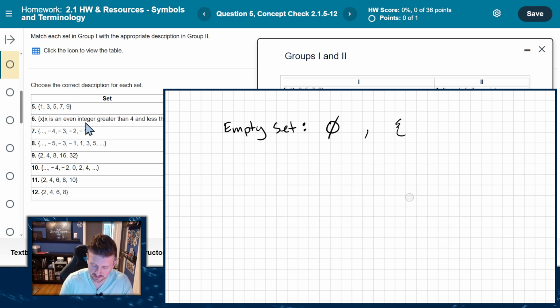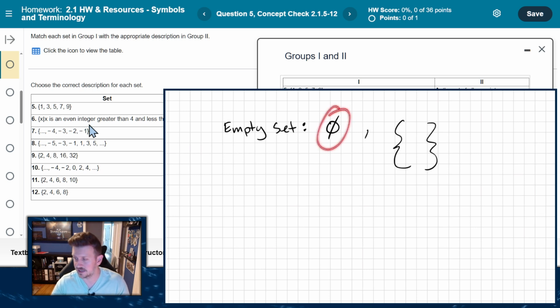But if we open a set bracket and then close it with nothing in it, that's called the empty set. Let me draw those a little bit neater and bigger so we can see that. So the empty set, we have a set bracket like so, and then it closes like so. That would be the empty set because I open my set, close it, and there's nothing there, or this circle with the slash through it.